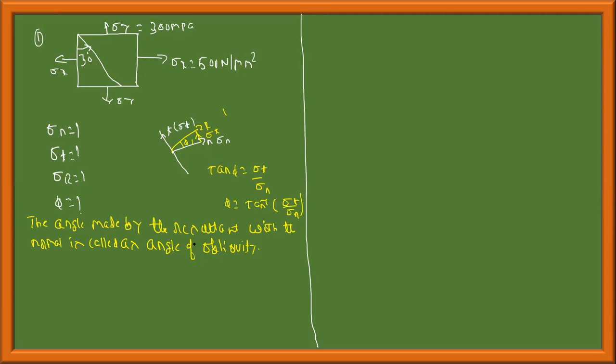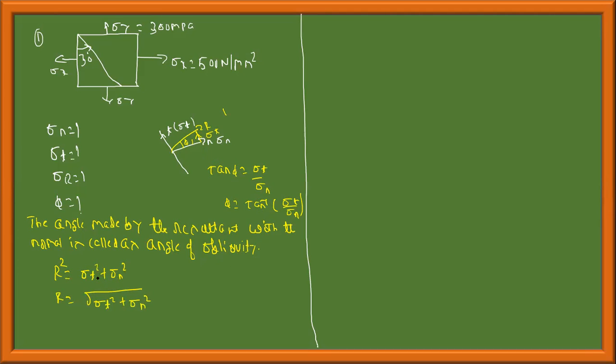The resultant: r square is equal to sigma t square plus sigma n square, or r is equal to root of sigma t square plus sigma n square. And he has asked the angle of obliquity. These are the given problems.